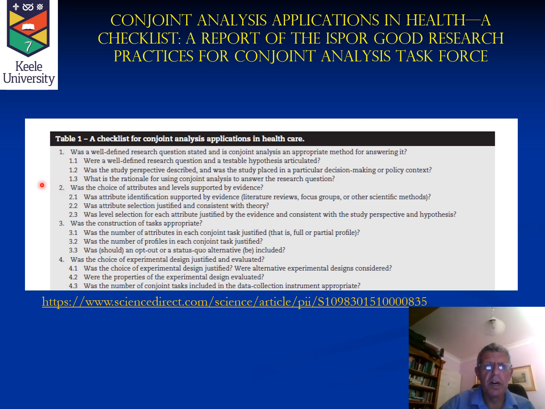So these all require reading the paper quite closely. We then come to more methodological points like, was the construction of tasks appropriate? Was the number of attributes in each conjoint task justified? So these are quite detailed questions that have to be addressed by whoever is reviewing the paper.